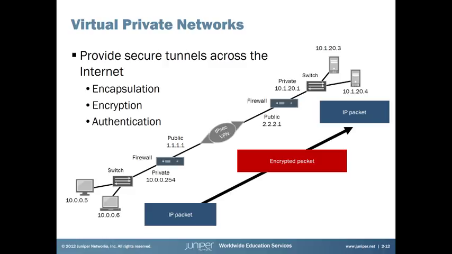Okay, so we'll get into a fair bit of detail later on into how IPsec works, but we do have a situation where we're doing encapsulation to provide the actual private network across a public network. That is a process of encapsulating the packet with a different additional header. We also encrypt that information, and then we authenticate the information.